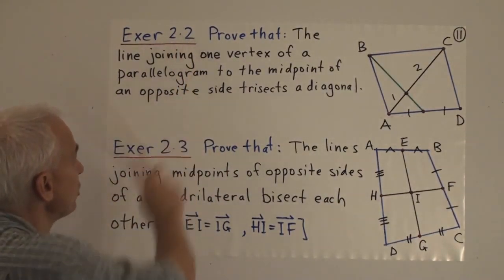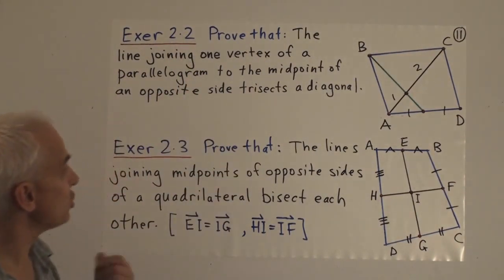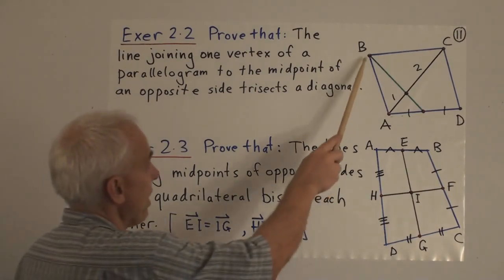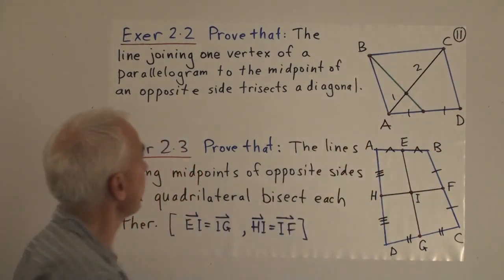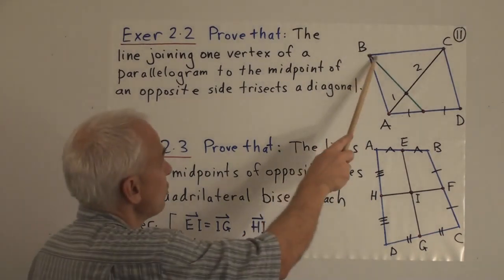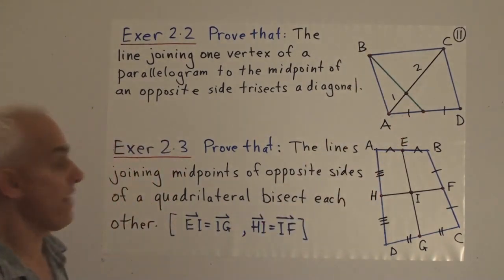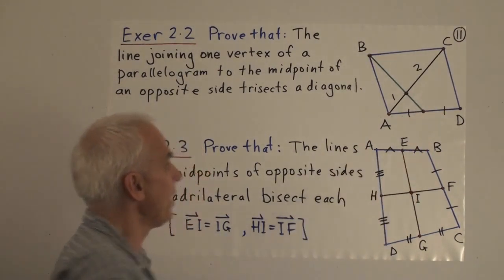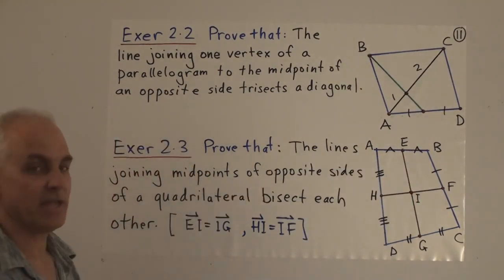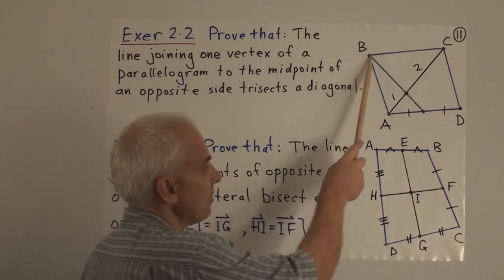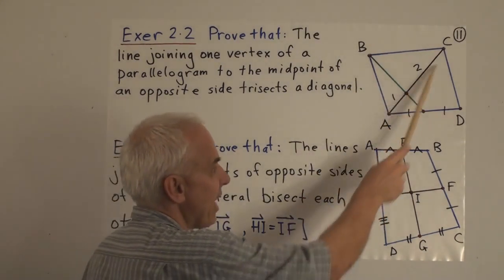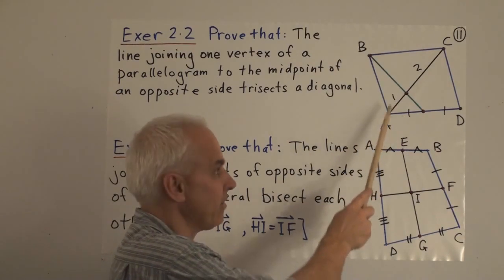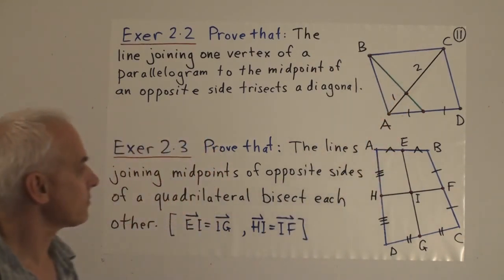So exercise 2.2, I ask you to prove that the line joining one vertex of a parallelogram to the midpoint of an opposite side, there are 2 opposite sides, so you choose either one, trisects a diagonal. So this diagonal is trisected by that line in the ratio 1 to 2.